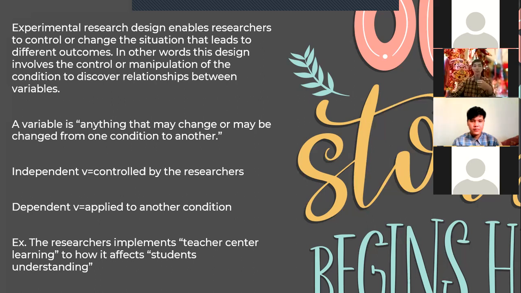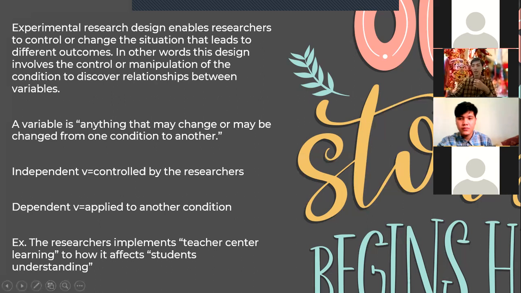Okay, thank you, Ribka. So, experimental research is a kind of research design where the benefit is that maybe we can add two or more variables, independent, dependent, or maybe you can add two independent or two dependent variables.